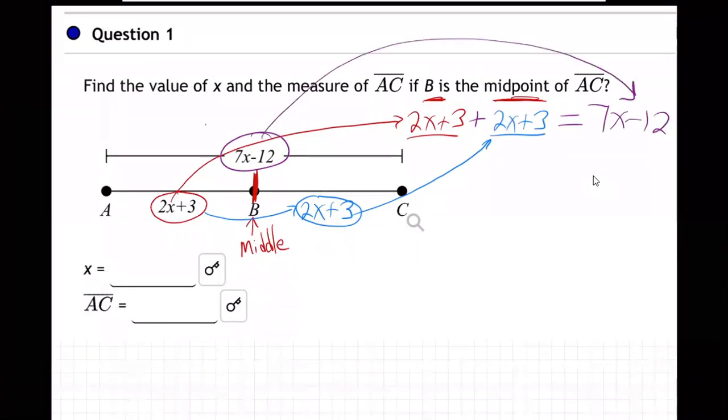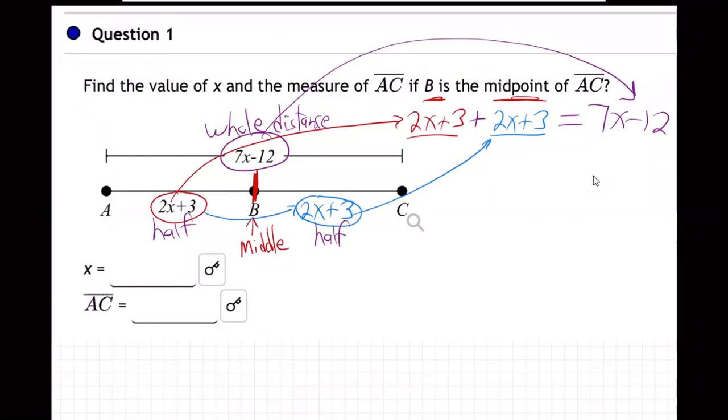See how the 7x minus 12 is the whole distance? And this is half, and this is half. So the two halves have to add up to equal the whole.